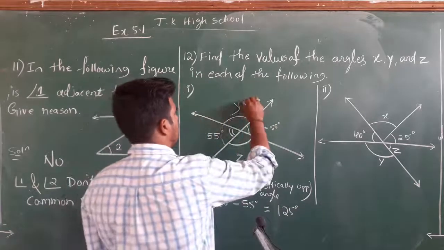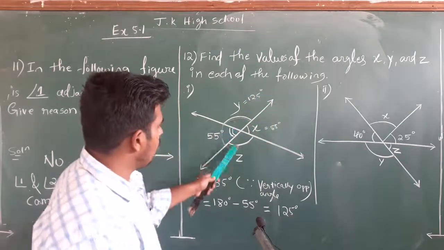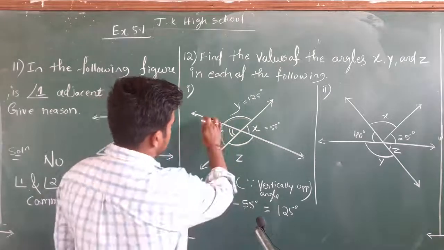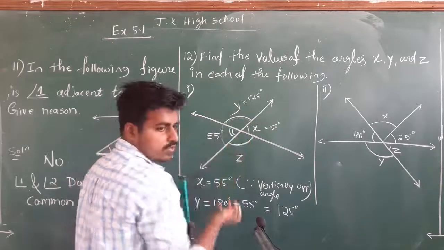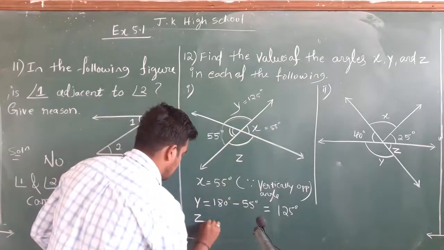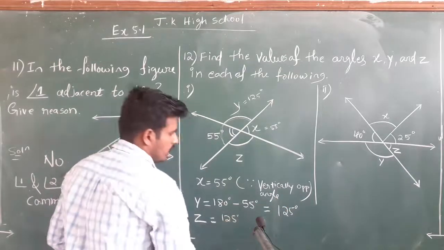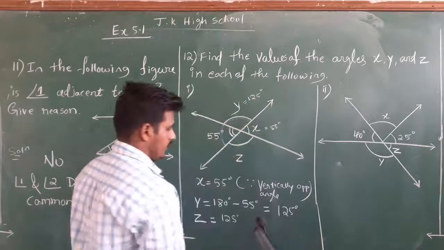Therefore, y becomes 125. Now, how to find the z? Z is vertically opposite to y, no? This y and z are vertically opposite. Therefore, y is equal to z. Therefore, z is also equal to 125 degree.